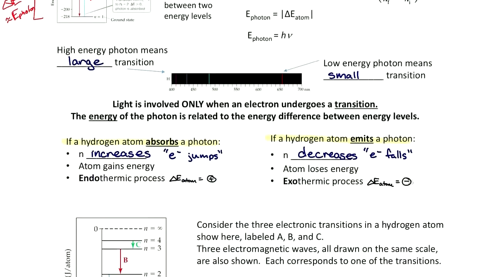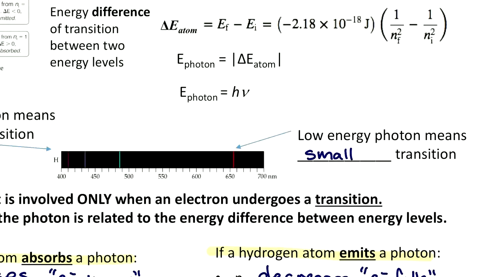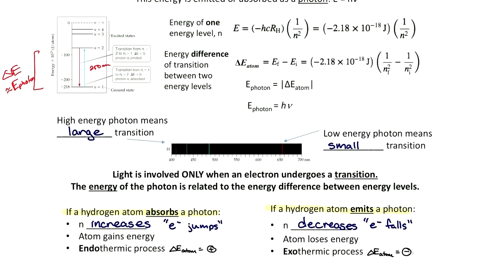Okay, so just like in thermo, we need to think about, is my atom gaining or losing energy? So if your hydrogen atom absorbs a photon, absorbs energy, that means your electron's jumping up to a higher level, n increases. Because your atom increases energy, this is an endothermic process.